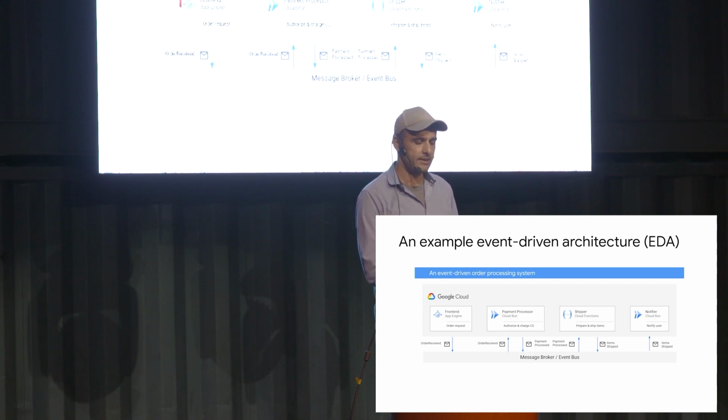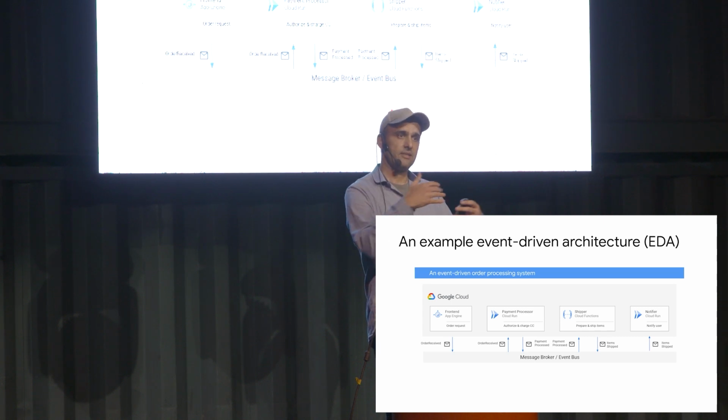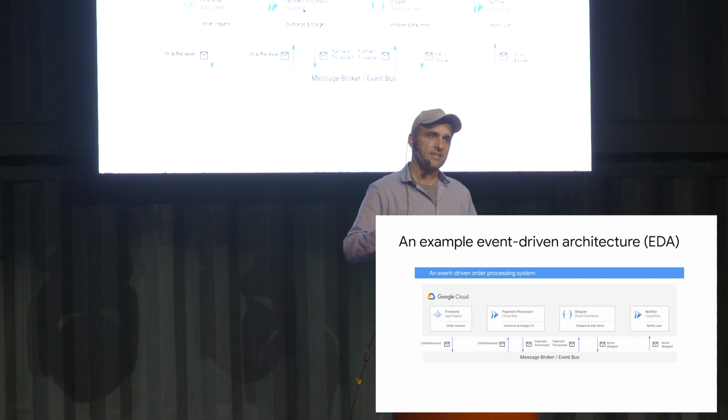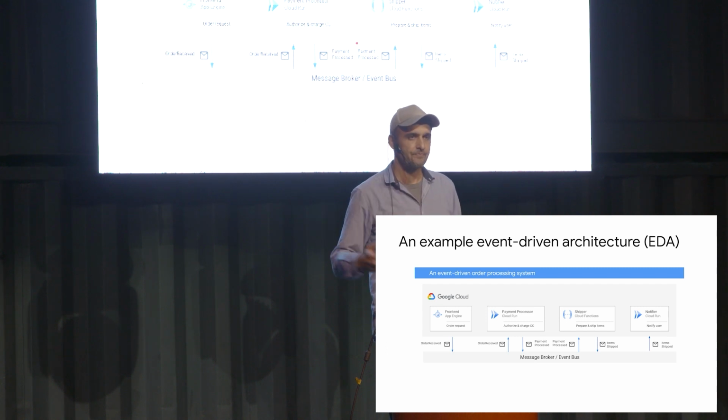So for example, the front end, once it's done, will send this order received event with the information of the order, and then there's a message broker or event bus in the background looking at the messages and figuring out where this message should go. It will figure out that this order received should go to the payment processor, then the payment processor will do its part, and once it's finished, it will signal to the rest of the system that it is finished with this payment process message. And this goes on and on and on.